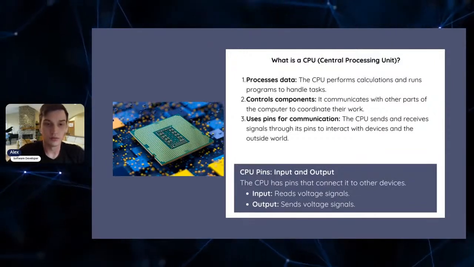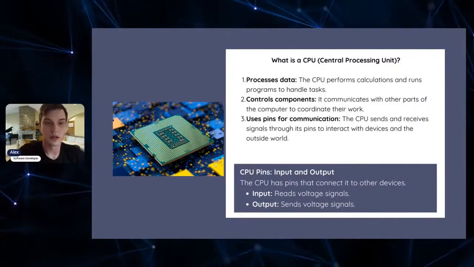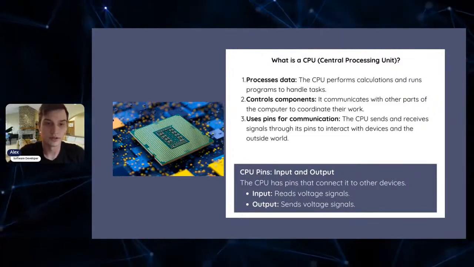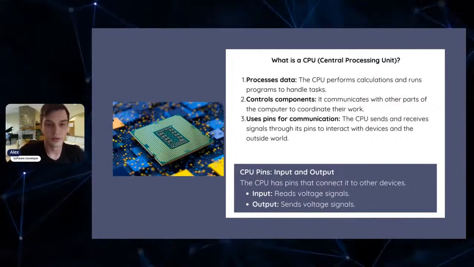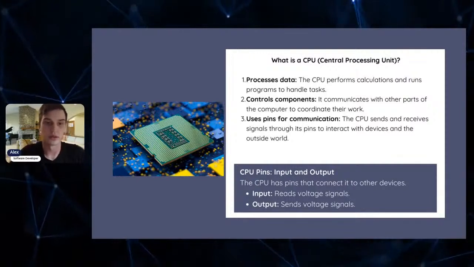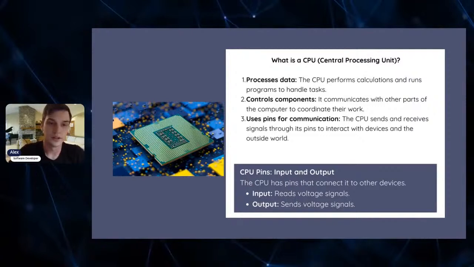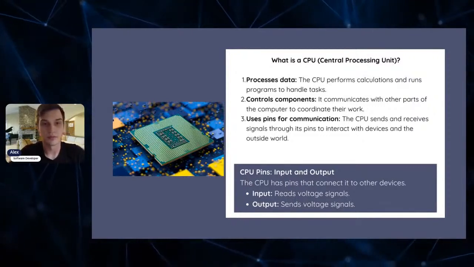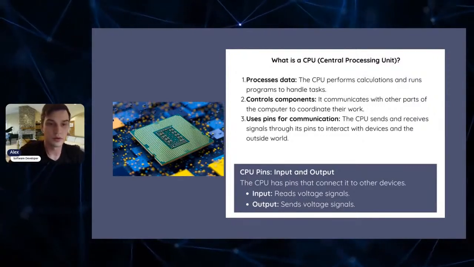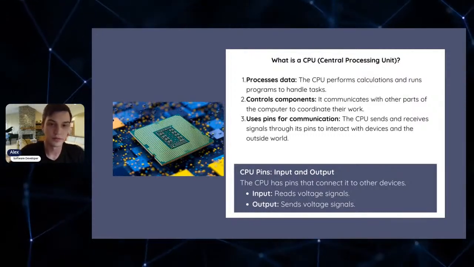To control everything, it uses its pins. On the slide, you can see the image of the processor, and here are small gold circles on the top of it. Those circles can conduct electricity. So the computer can put some voltage on those pins or can disable the voltage on those pins.